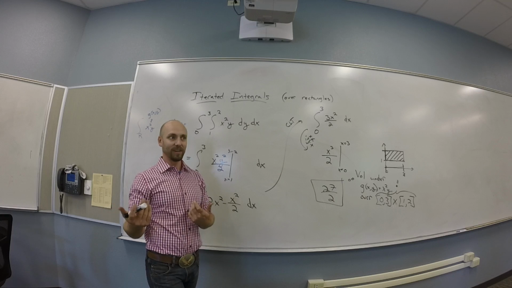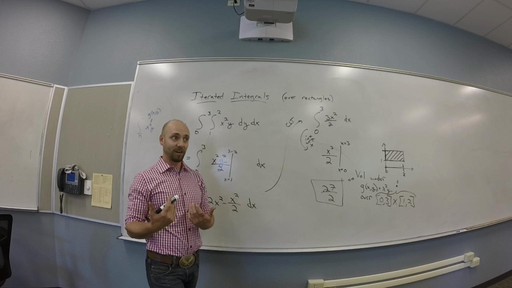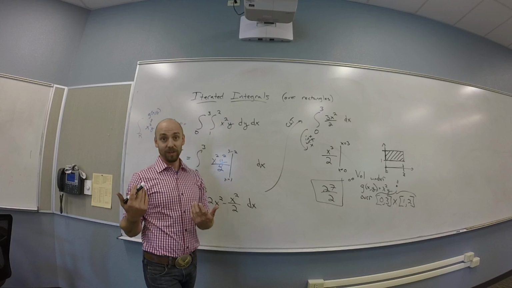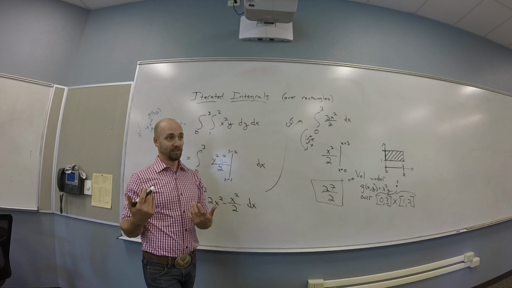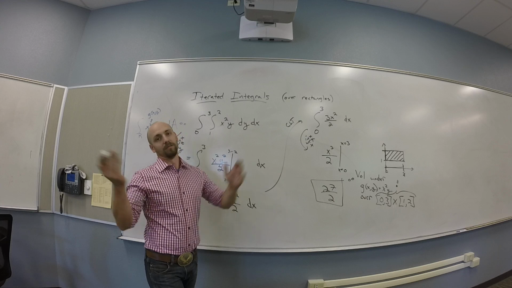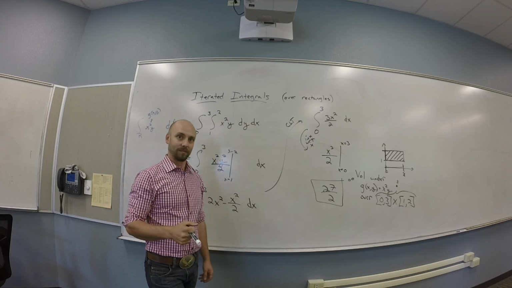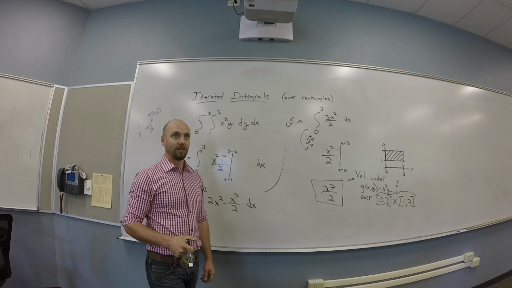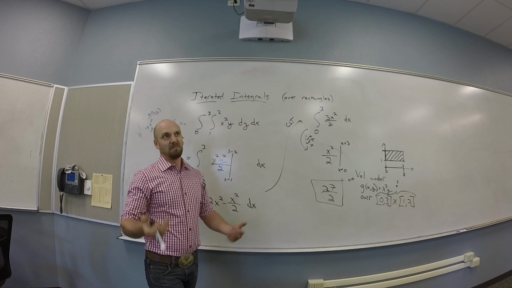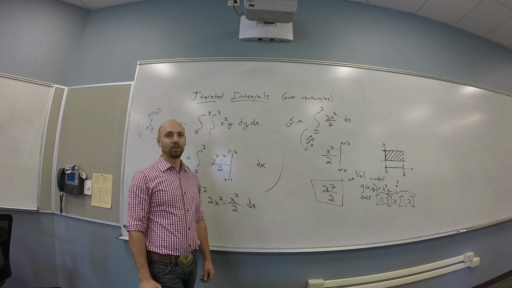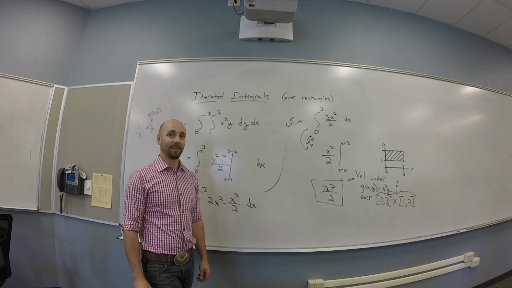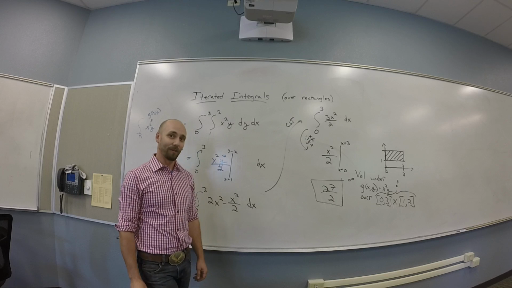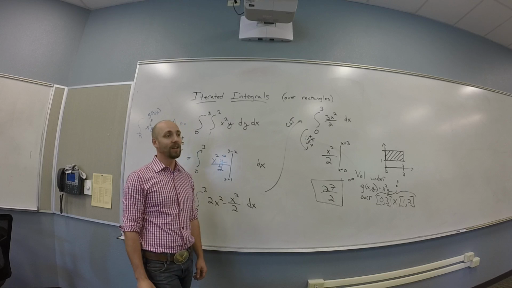But if the height's infinite at that edge, then there's a problem, because I don't know what infinity times 0 is. If you have a hole there at x equals 3 and the limit goes to a finite value, you'll be fine anyway. But if the limit goes to an infinite value, there's a problem.